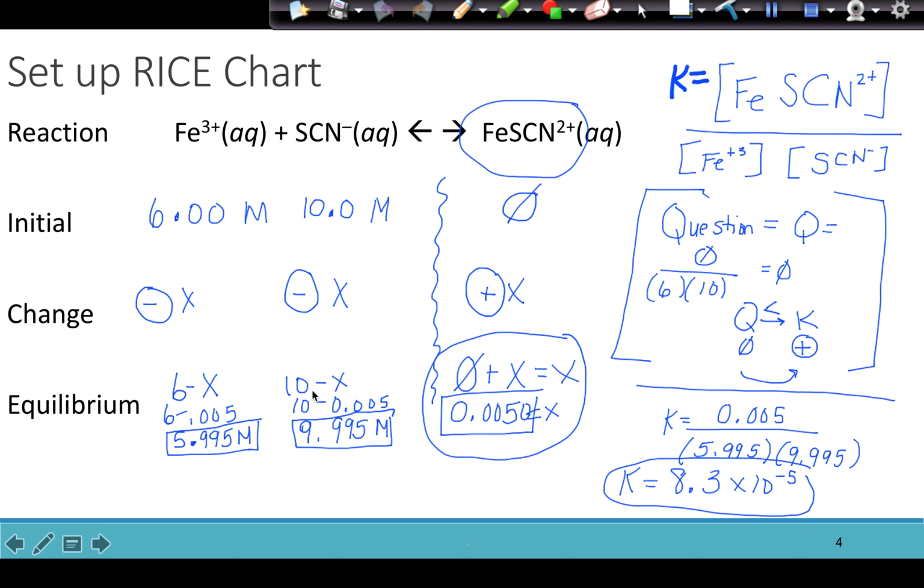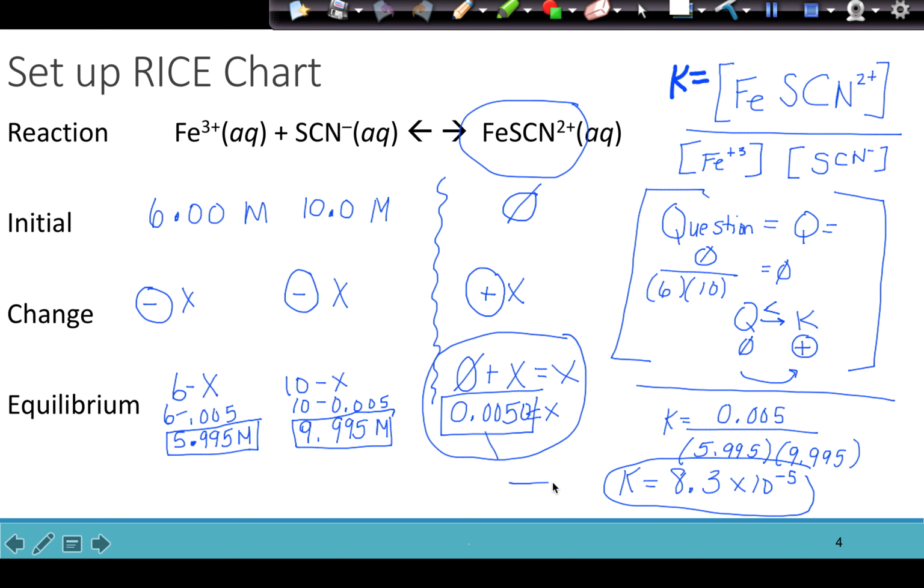You can go back and plug your X into the E lines, the equilibrium concentration lines for your other species, and then use that information in your K expression. We know that equilibrium concentrations, when plugged into the K expression, will divide out to give us the equilibrium constant value.